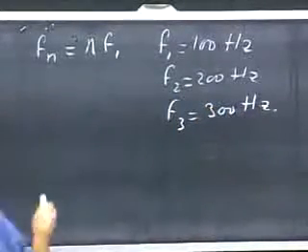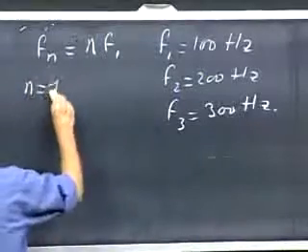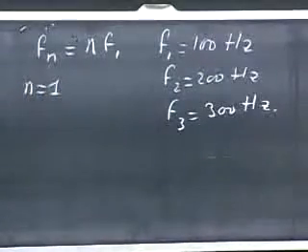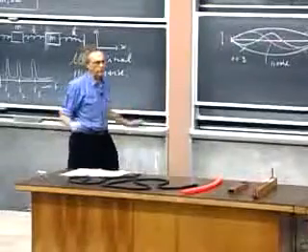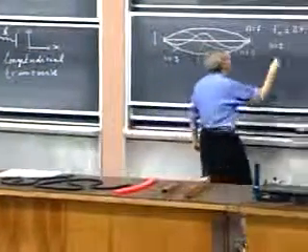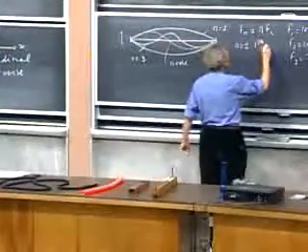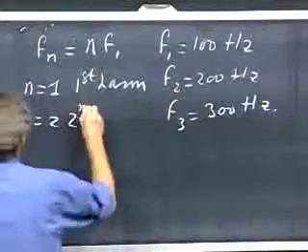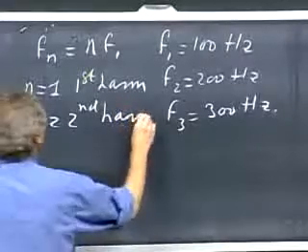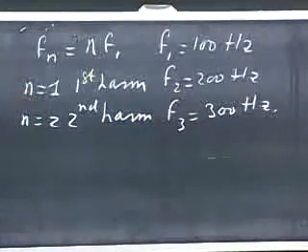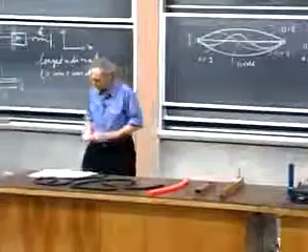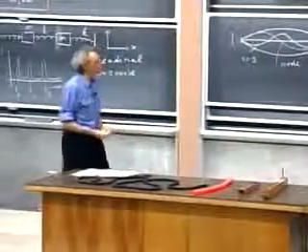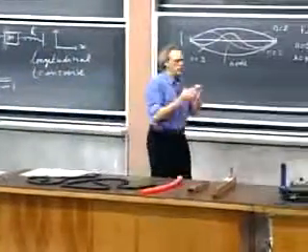We call n equals 1 the first harmonic. Some books also call it the fundamental. I will call it the first harmonic. And we call n equals 2 the second harmonic, and so on. n equals 3 is the third harmonic. So we're going to get a series of discrete frequencies which are equally spaced.